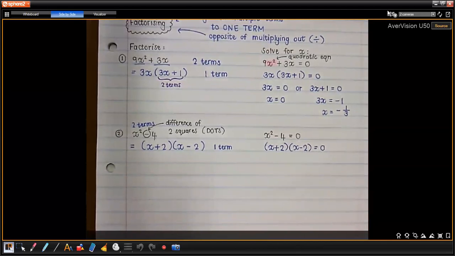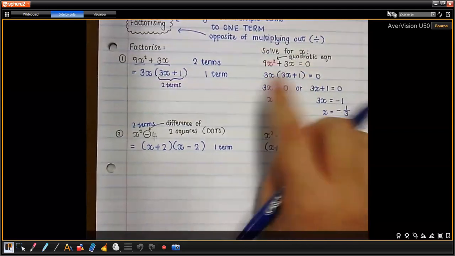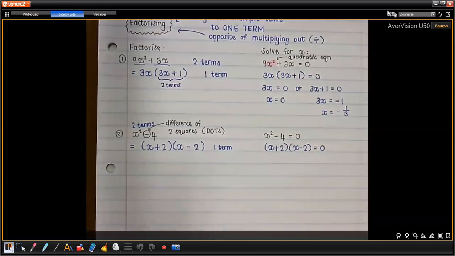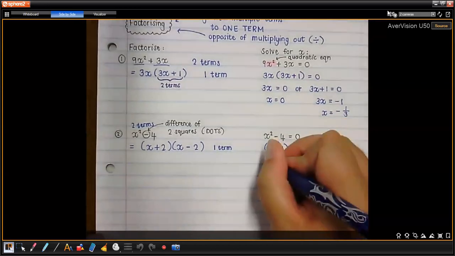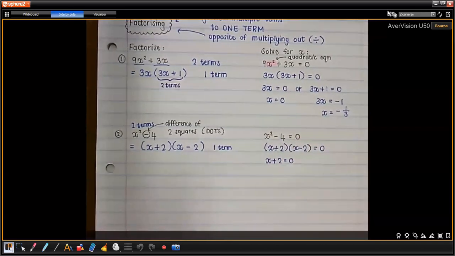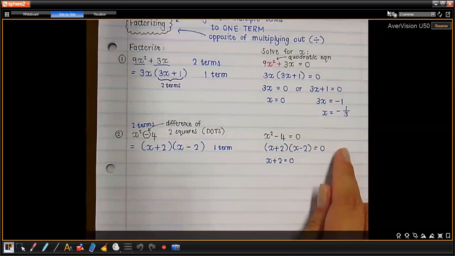You notice that again we ended up with the product of 2 things equal to 0, just like we did in the previous question. In the previous question, we didn't have 2 brackets, but we had a trace and we had a bracket. Now we have a bracket multiplied by another bracket. So now we're going to say if the first bracket is equal to 0, then I'm going to have 0 times the bracket, which is equal to 0.